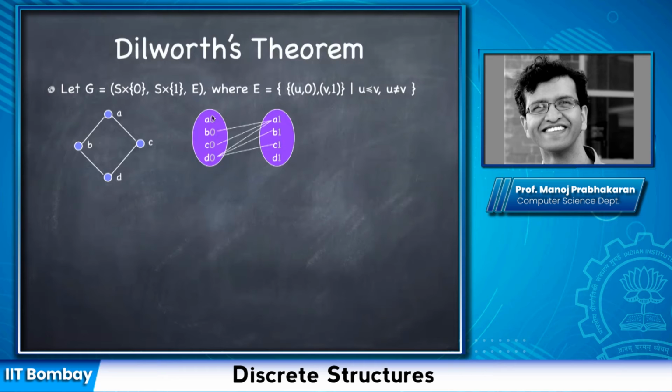And if I were to draw the bipartite graph corresponding to ABCD, I have A0, B0, C0, D0 on the left, and A1, B1, C1, D1 on the right.